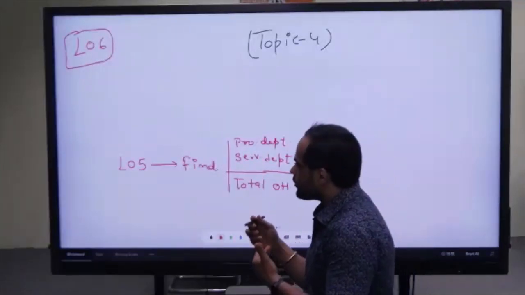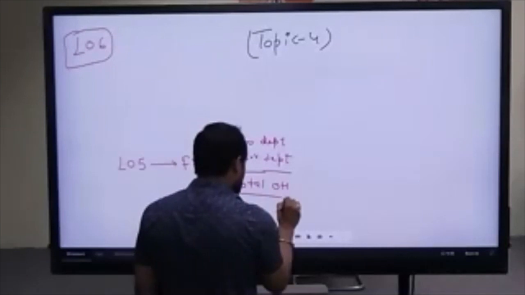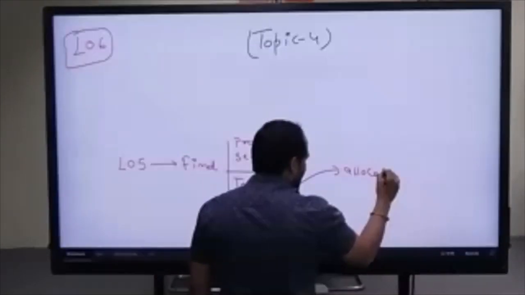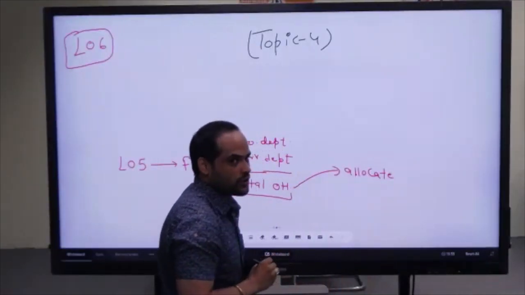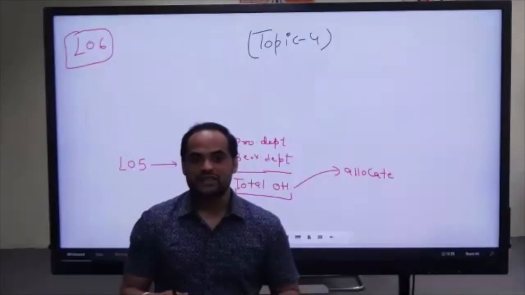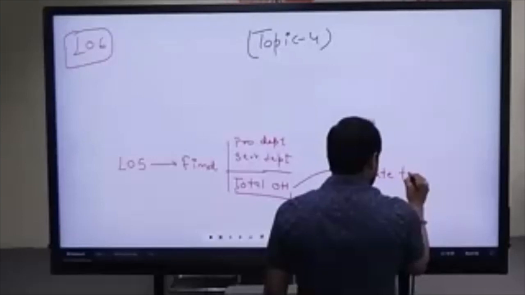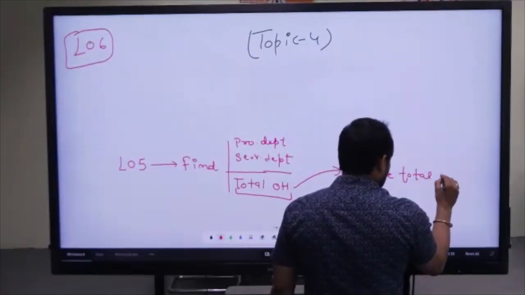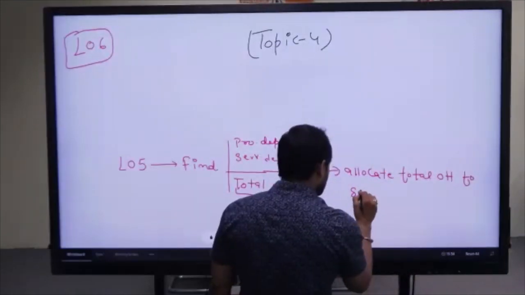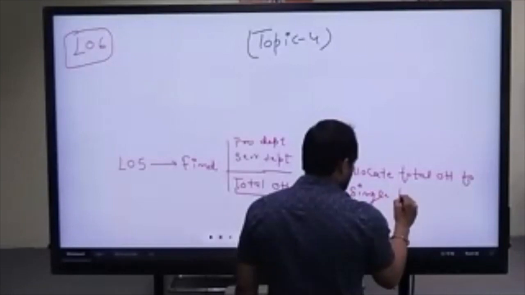Now what is learning outcome 6? In learning outcome 6, we will allocate the total overhead cost to a single product.